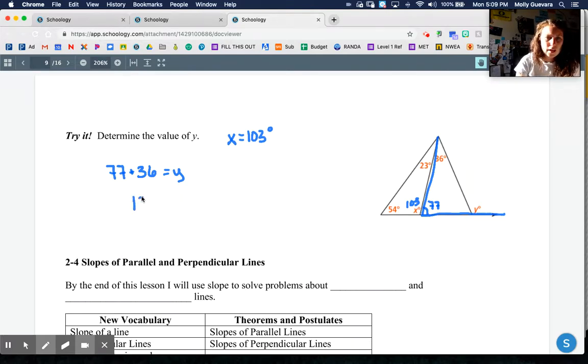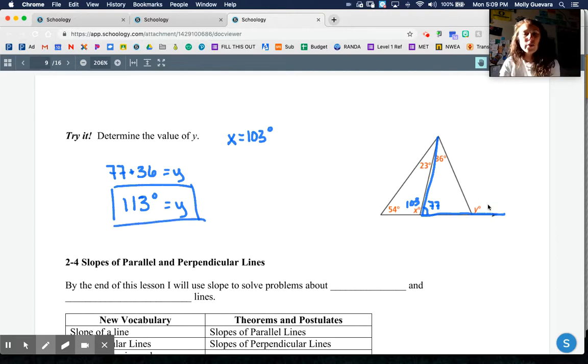So I get 113 degrees equals y. And there you go. So even though it didn't ask you to find x, a lot of the times in these geometry problems, you're going to have to find more information than just what it's asking you to find. It didn't ask me to find the value of x or the value of this angle, but I had to find those values in order to find y.